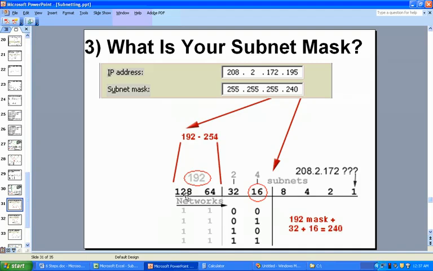So the whole mask itself turned to 240, and I did an additional 4 networks out of it. 192 through 254 is where we started. Those are the numbers we're working with. We just simply add up from 192. That's our starting spot. So 192 plus 32 plus 16 is a 240 mask.